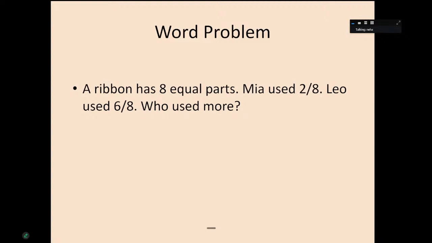Since both are 8, because there are 8 equal parts, we'll have to look at the numerator, and 6 is greater than 2, which means that Leo has used 6 parts of the ribbon that has 8 parts split. So Leo used the most.